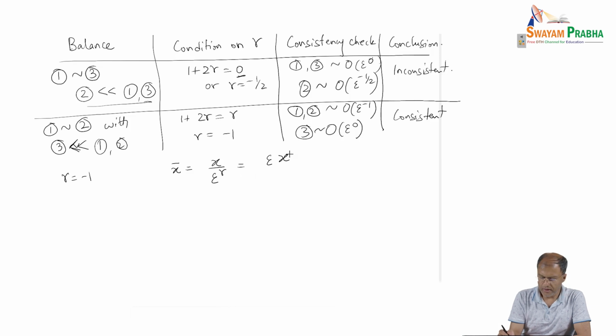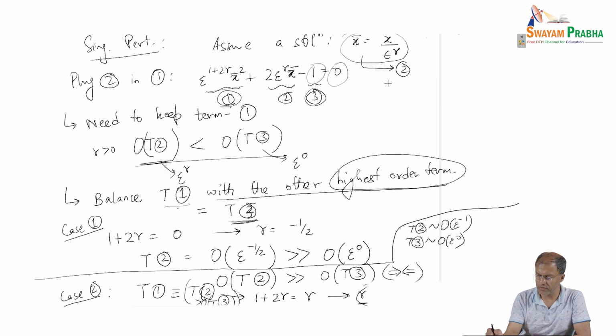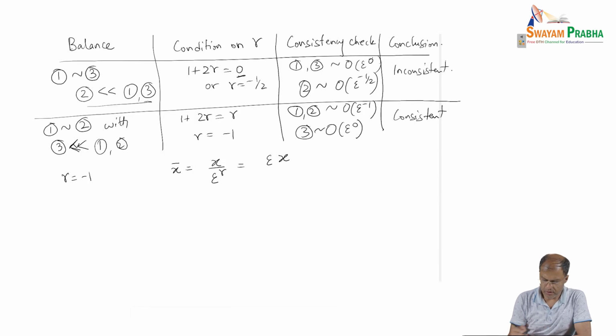Okay, so if the original equation was this one, let me call this equation number 3, and we use our assumption in equation 3, we see that our new equation is x bar square plus 2 x bar minus epsilon is equal to 0.